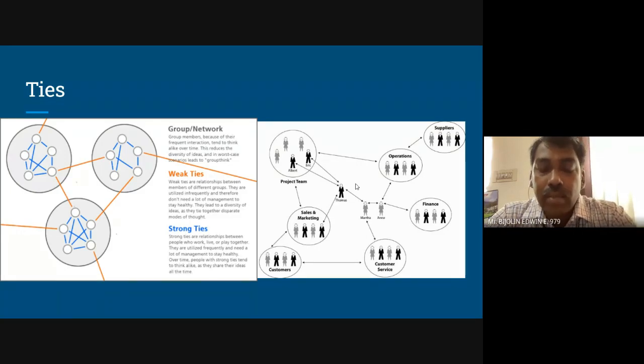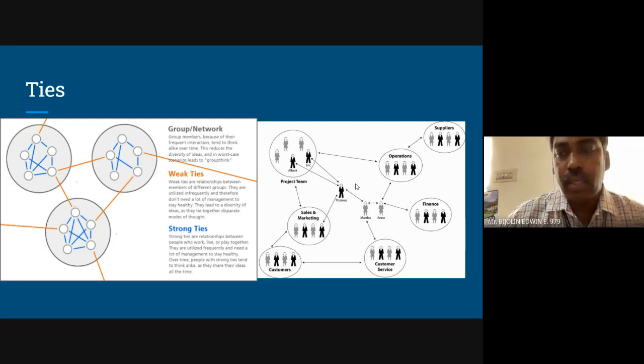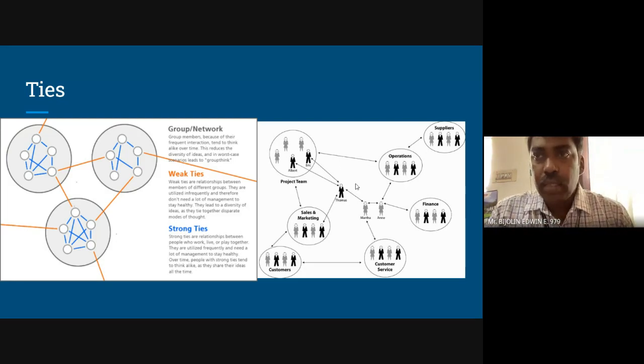Then group or network can be formed because of frequent interaction. Based on the weightage of each node, a small group or network can be obtained. These are the other main important aspects of this. Next slide.